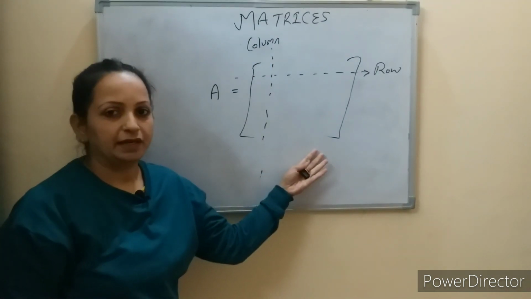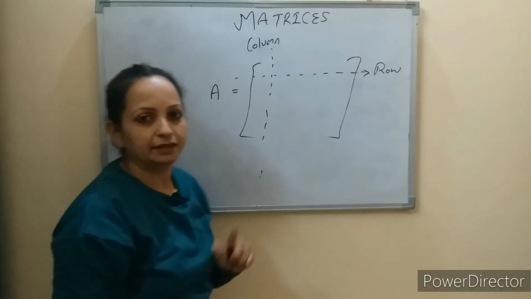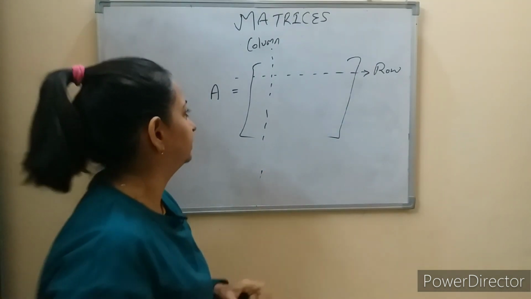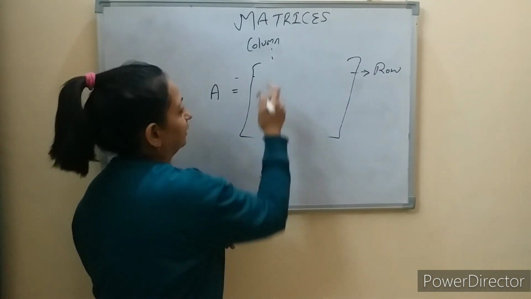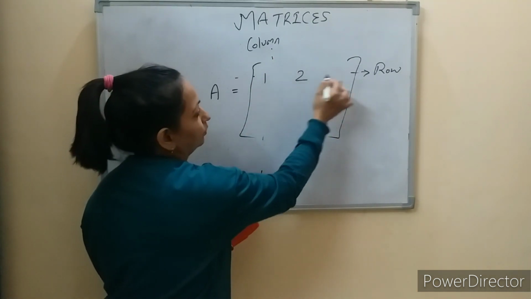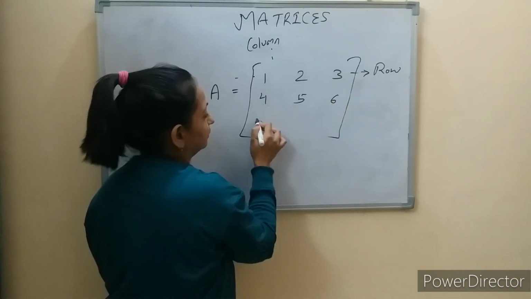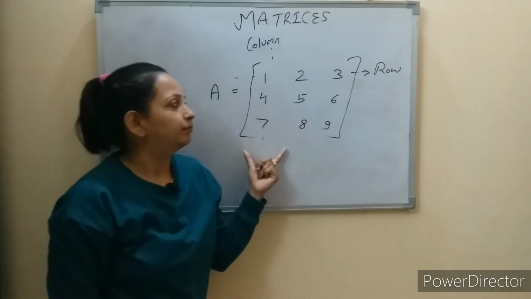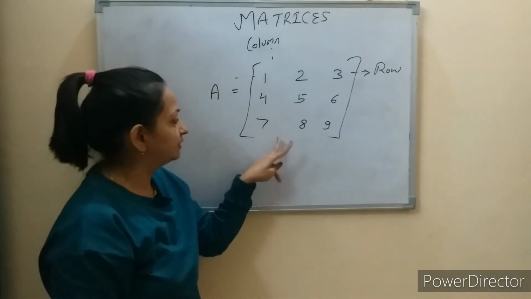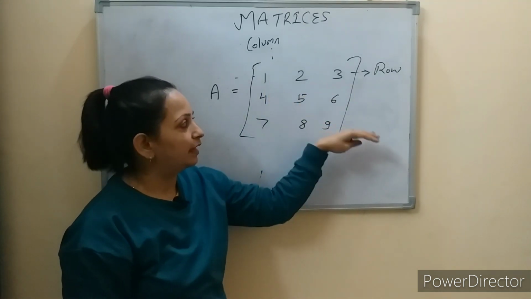So this is my rectangular array with some rows and some column in this, and if I write some numbers in this form, in this arrangement, just like 1, 2, 3, 4, 5, 6, 7, 8 and 9. So this will be my matrix. So what I did, I just arranged few of numbers from 1 to 9 in rows and column.